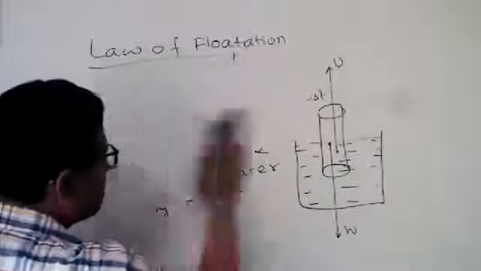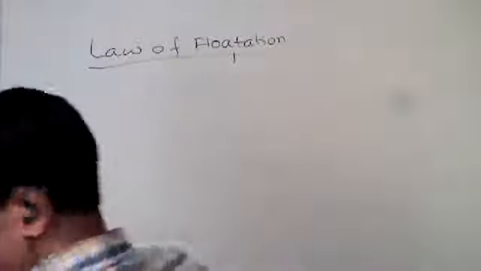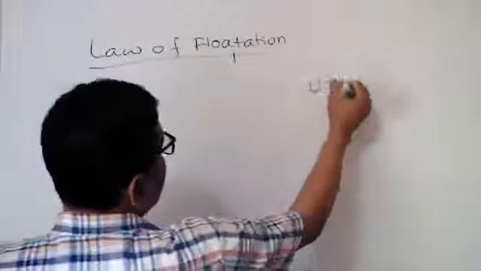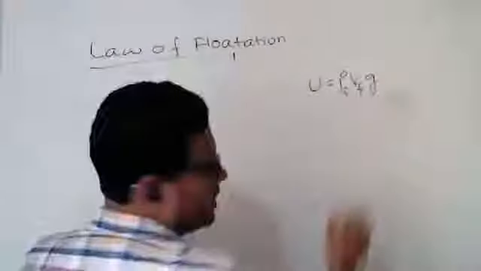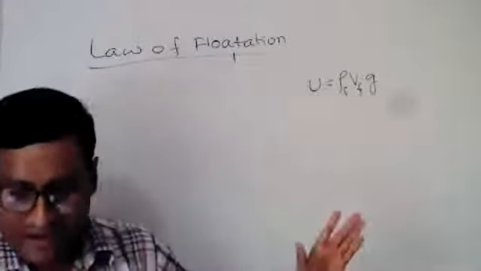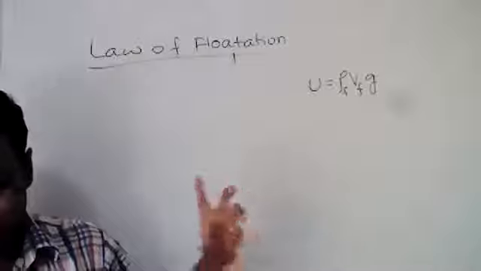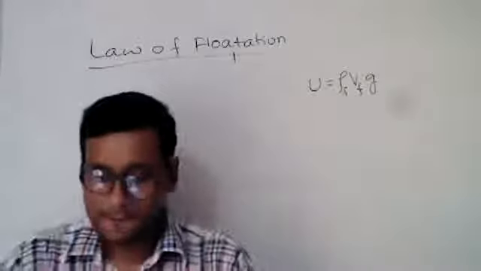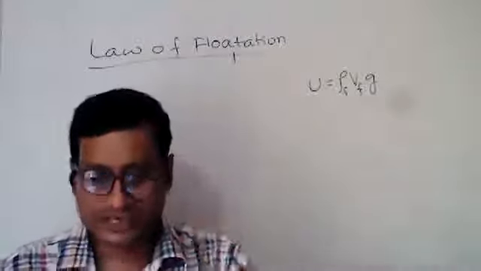Now we know upthrust equals rho_f V_f g. Rho_f is the density of the fluid, V_f is the volume of the fluid. Volume of the fluid means the immersed part of the object in the liquid.